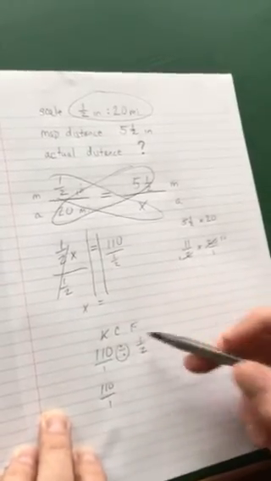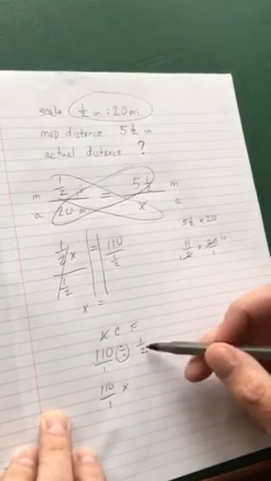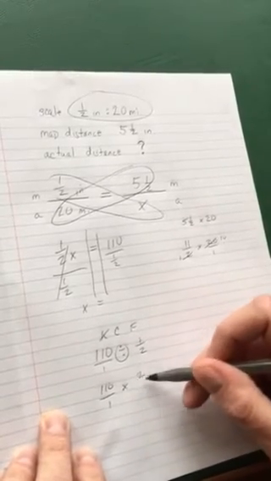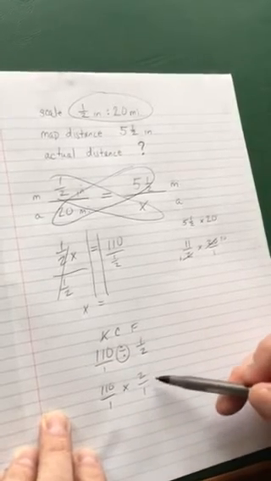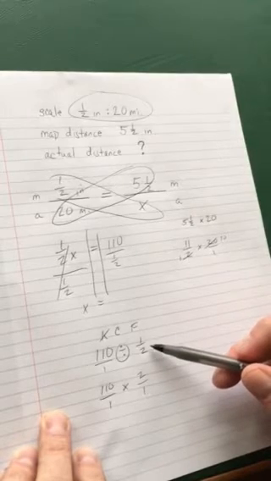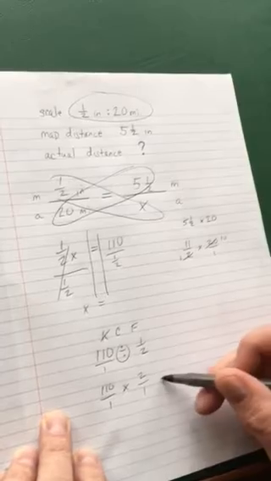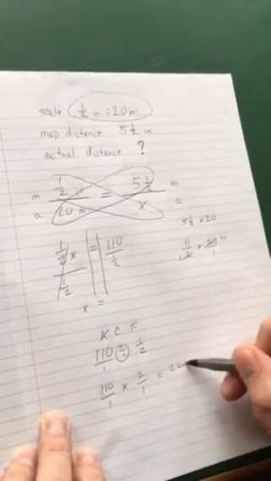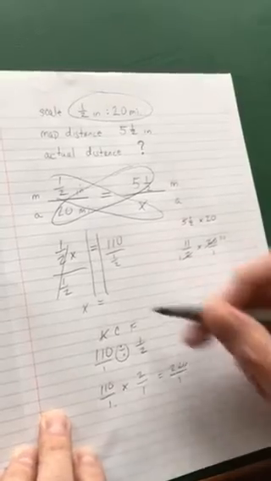We change the division to multiplication, and then we flip 1/2 and make that 2 over 1. If you recall, 2 is the reciprocal or the multiplicative inverse of 1/2. So now 110 times 2 is 220, and 1 times 1 is 1, and 220 over 1 is 220.